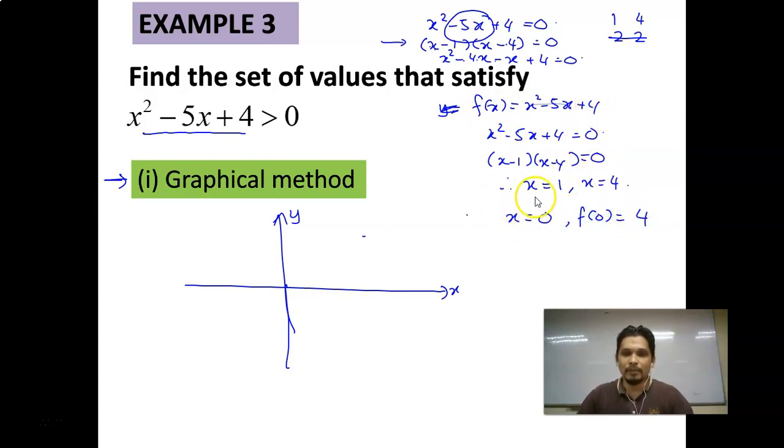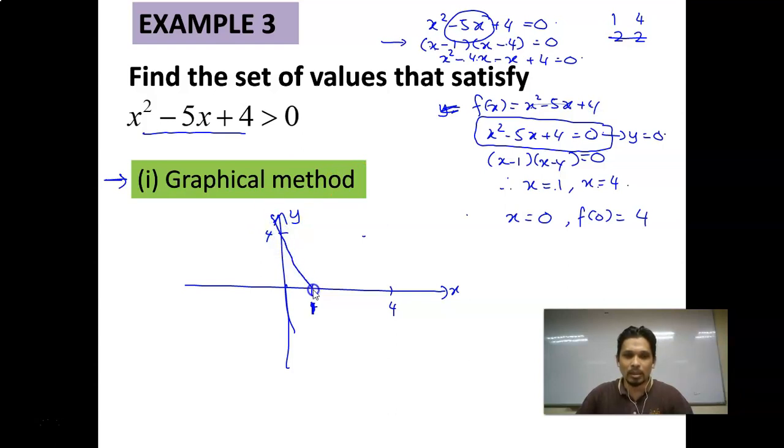Okay, so now when y equal to 0, this is y equal to 0, function of f(x) or y equal to 0, x equal to 1 and x equal to 4. And when x equal to 0, y equal to 4, somewhere around here.